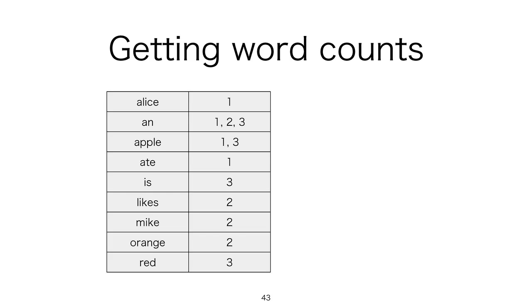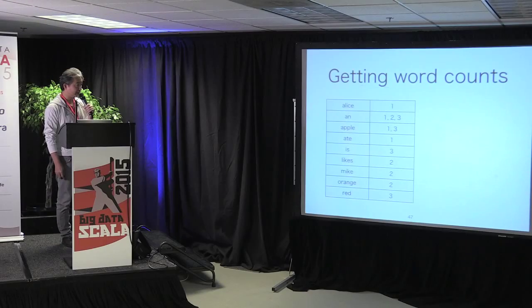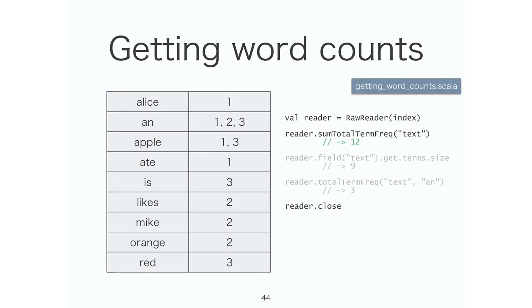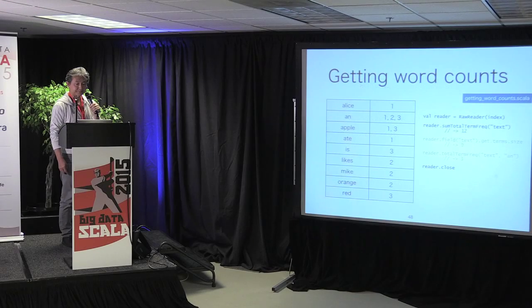Now we can count the number of words. NLP4L provides various functions that count words in a Lucene index. This is sum total term freq, and it counts the word occurrence frequency in total in the field you specified.